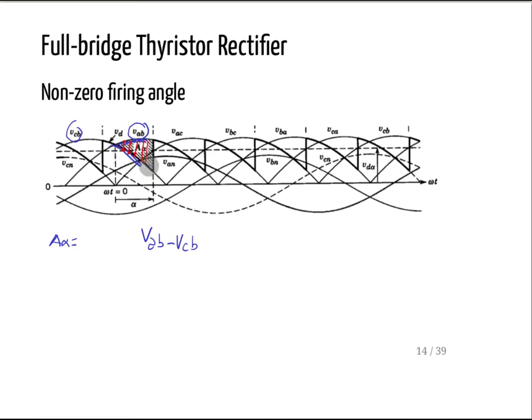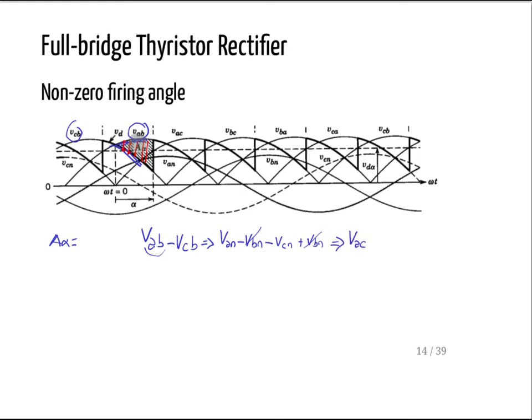I want to subtract the two waveforms from each other, and if you look closely, VAB is VA neutral minus VB neutral, minus VC neutral plus VB neutral, and they cancel each other, and what you have is the VAC voltage.